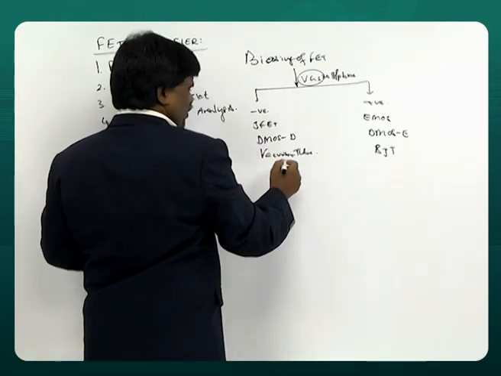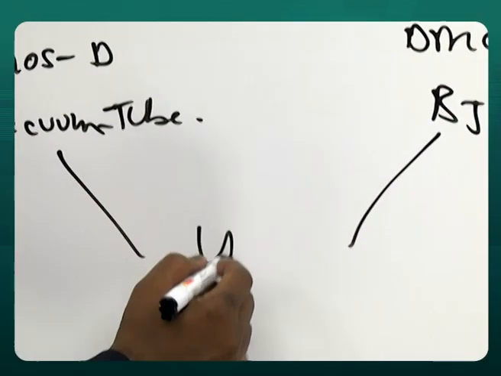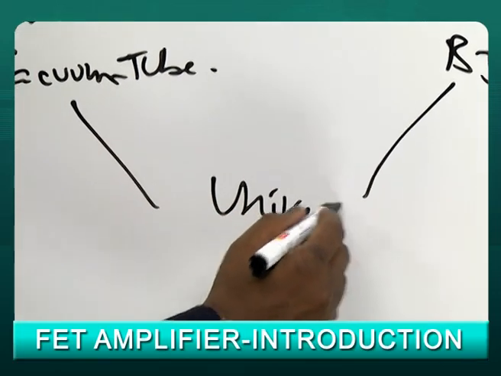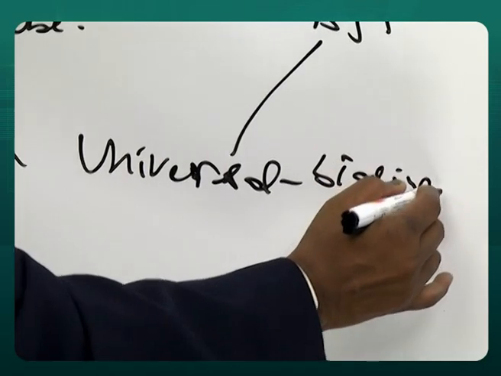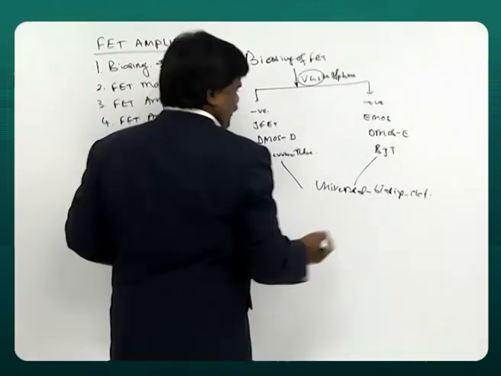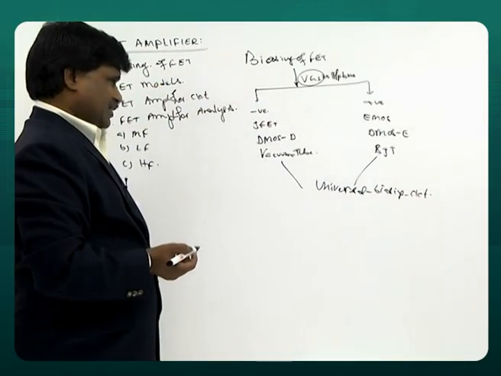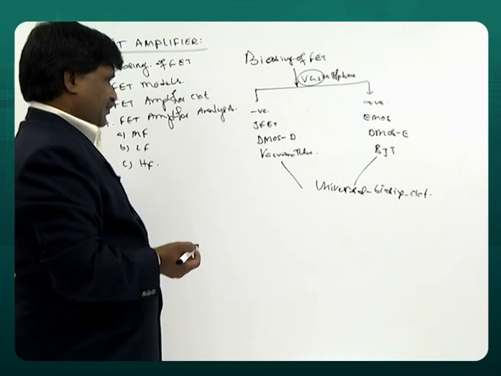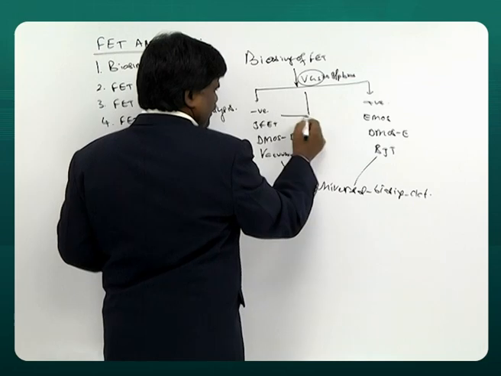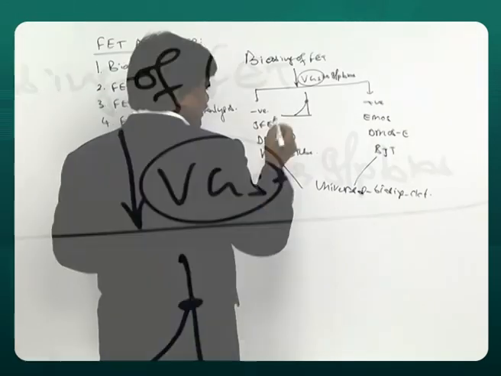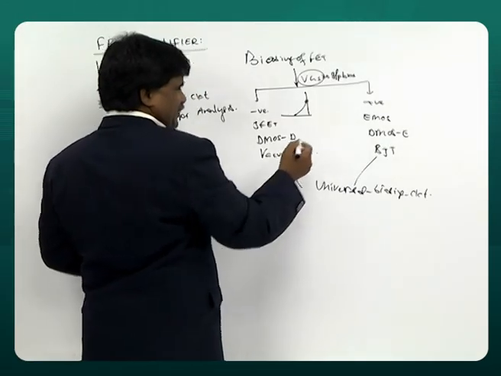That's why we call this circuit the universal biasing circuit. For example, if you see JFET, this is the characteristics. That's why negative.